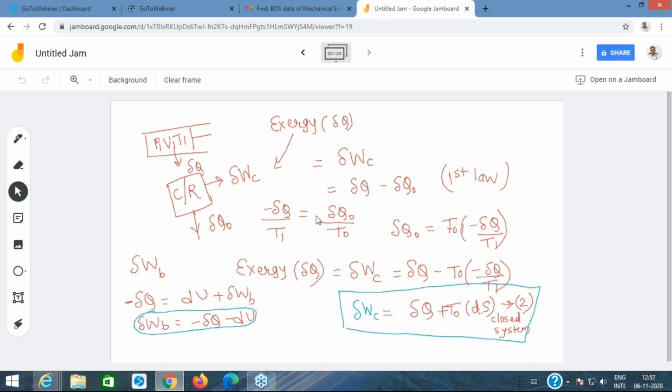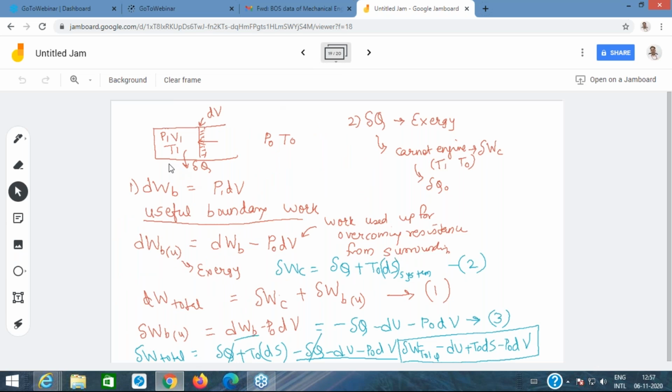Substituting the value of del Q naught as T naught into minus del Q by T, we get the expression for the Carnot work output, which is nothing but the exergy when an elemental heat transfer was considered. So this is the work potential of the heat transfer happening via the closed system.